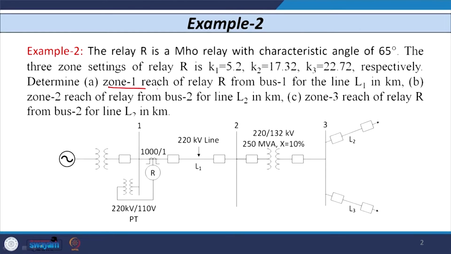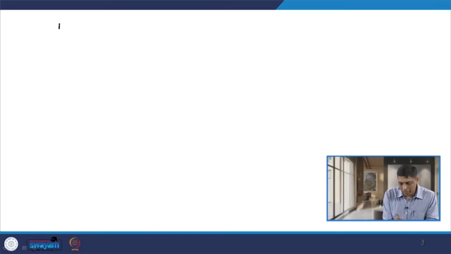So let us start with zone 1 reach of relay R with values given, that is K1, K2, K3, and theta, that is the characteristic angle, it is also given. So let us start with the first part, that is the A part.